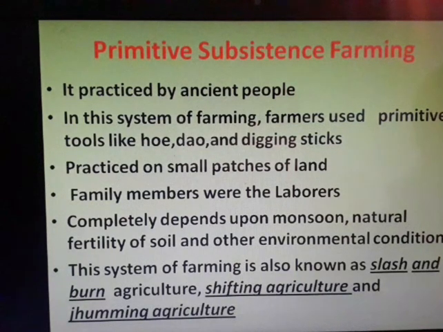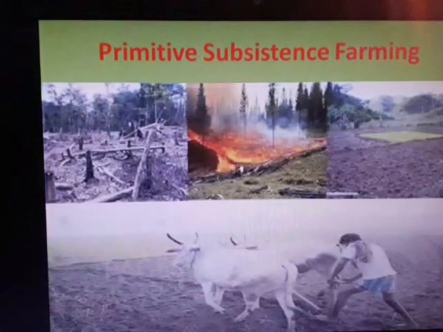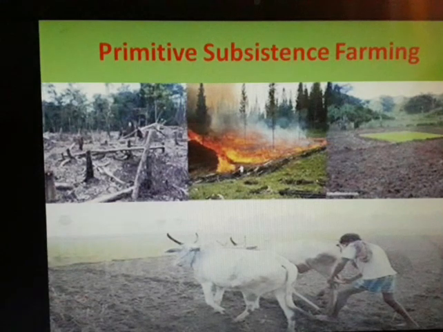So this farming is also known as shifting agriculture and jhumming agriculture. This type of farming is still practiced in a few places in India. This is primitive subsistence farming: slash and burn agriculture using primitive tools.